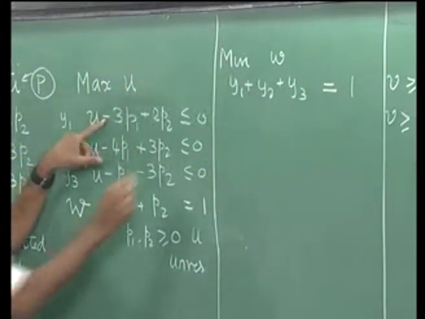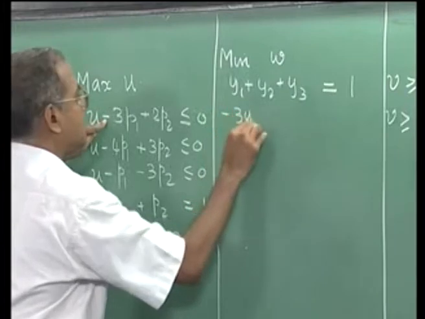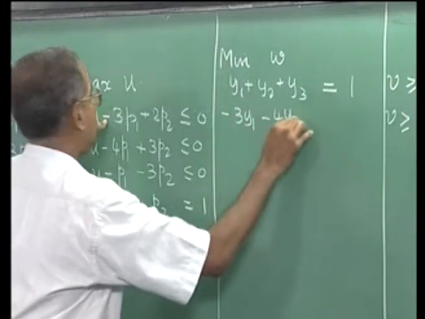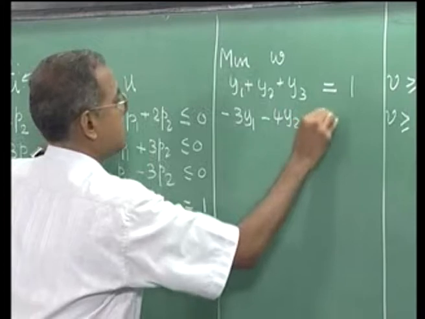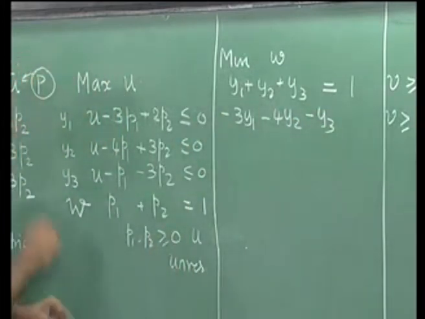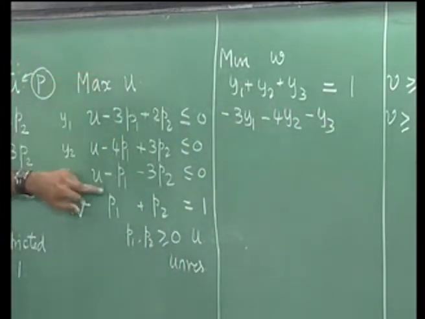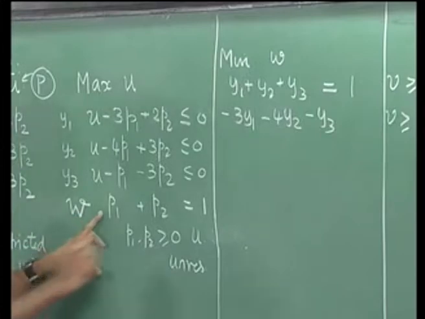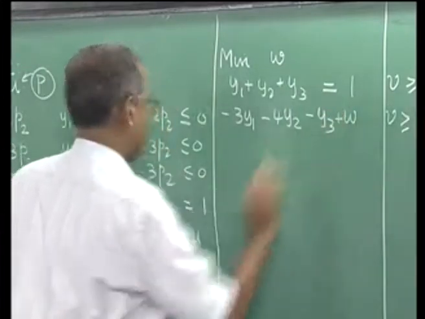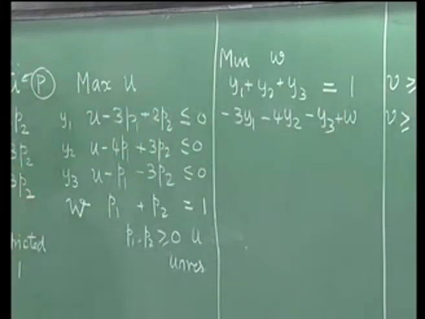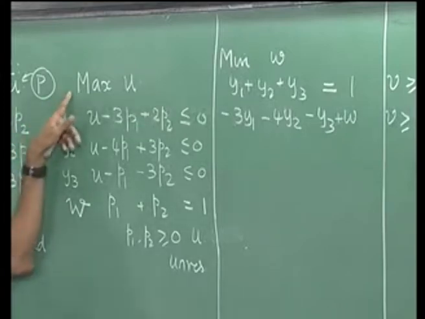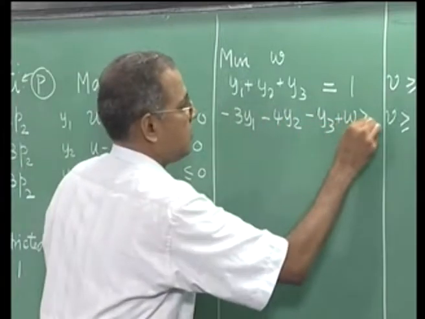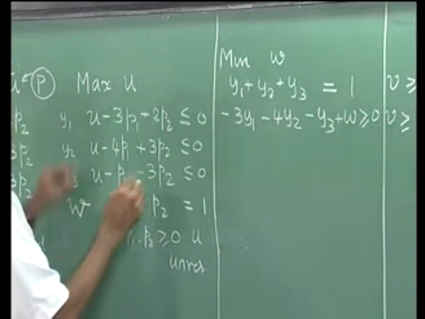Now, corresponding to this, it is minus 3 y1 minus 4 y2 minus y3 plus w for P1. Now, it is a maximization problem with greater than or equal to variable, so it is a minimization problem with greater than or equal to constraint.